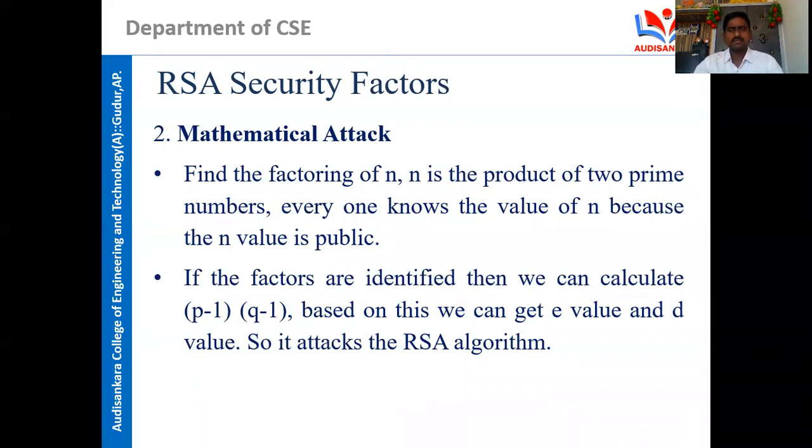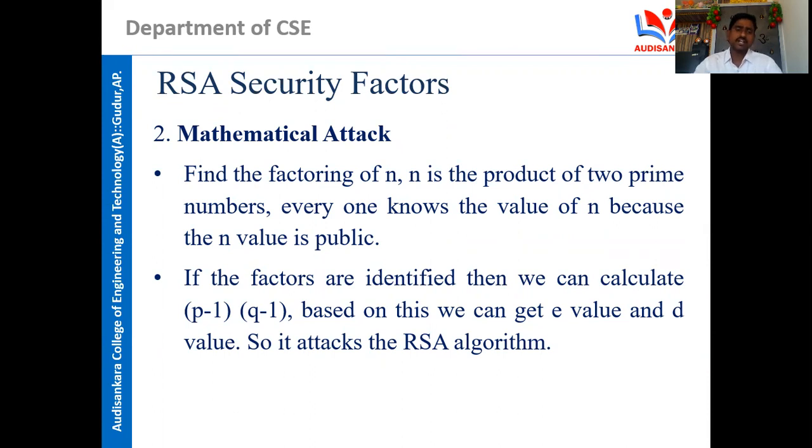What is that? Mathematical attack. Here they will find the factoring of n. So what is n? n is the product of two prime numbers. Everyone knows this, because the value of n is public. When it is public, it is open to all.